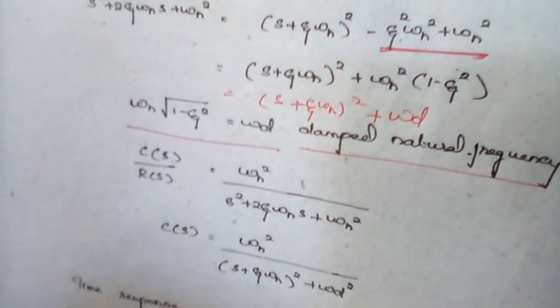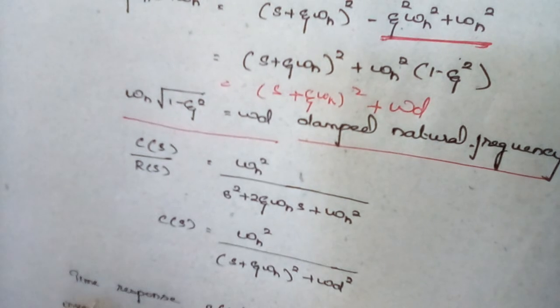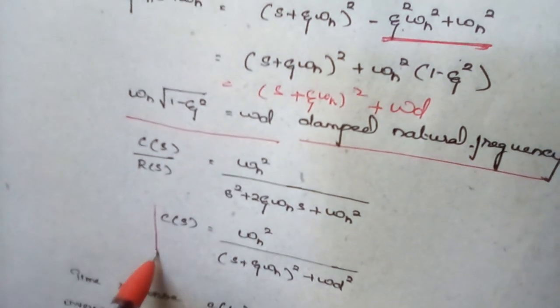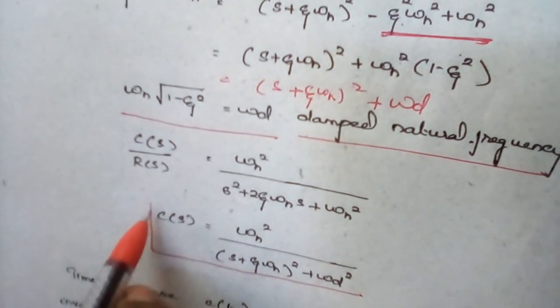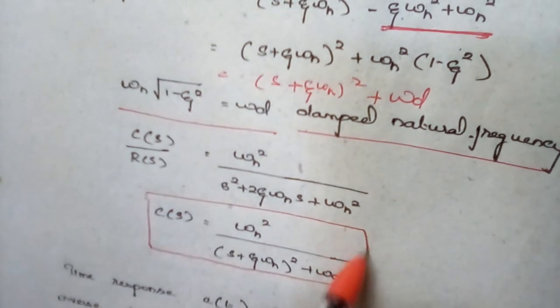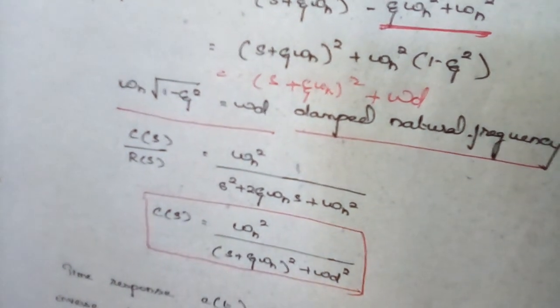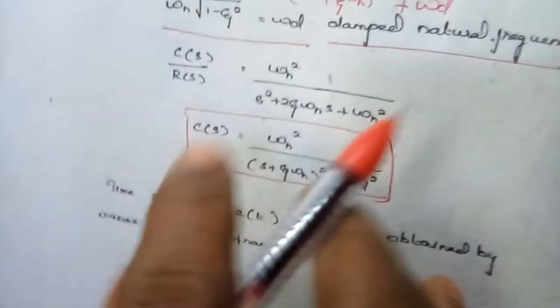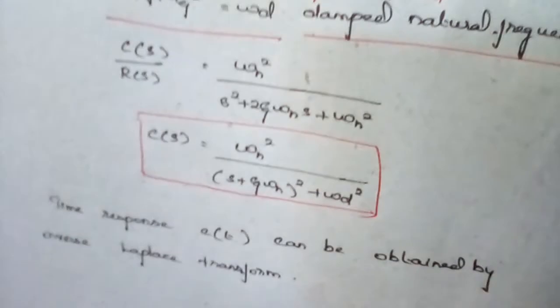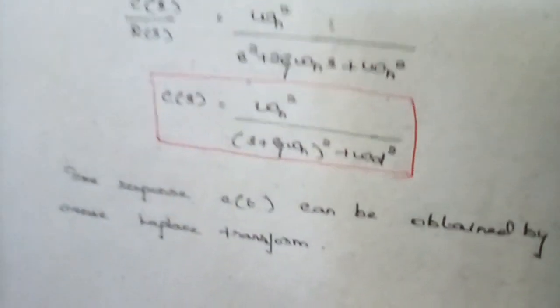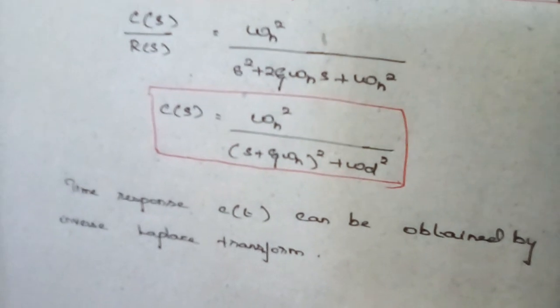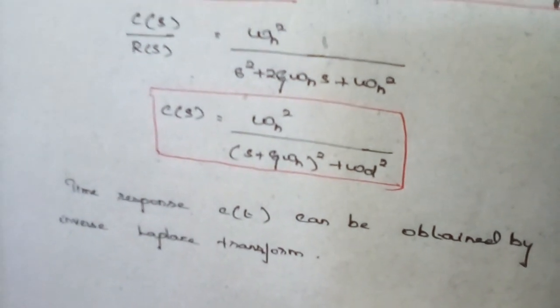And this is the S domain function of the system. For the time response, we need to take the inverse Laplace transform, right? So in this, we have discussed the standard format of the second order system, which is generally omega n square by s square plus 2 zeta omega n s plus omega n square.